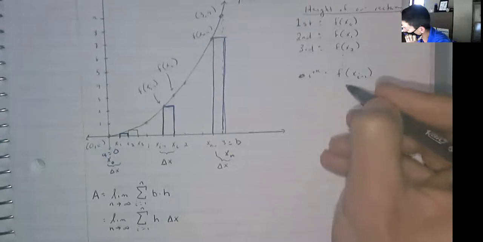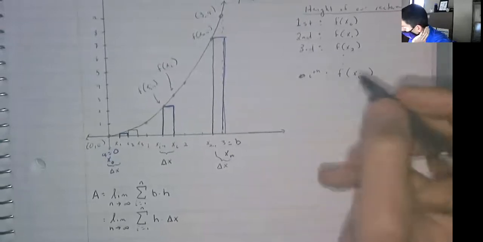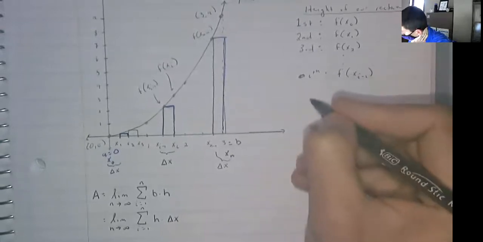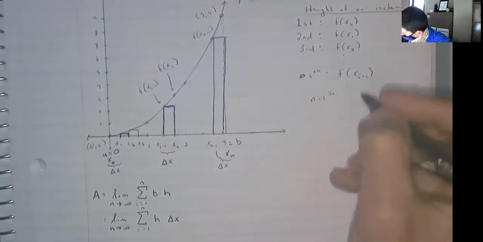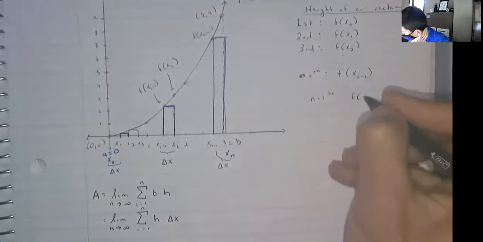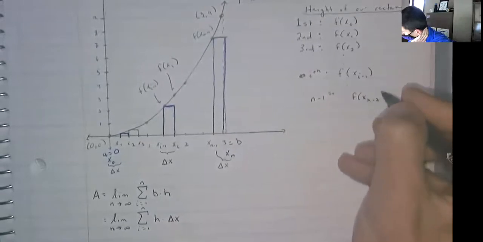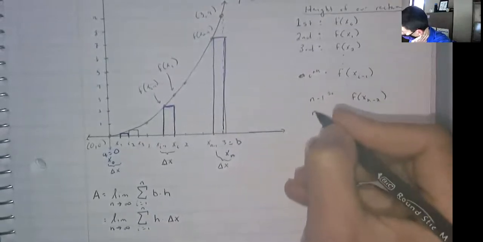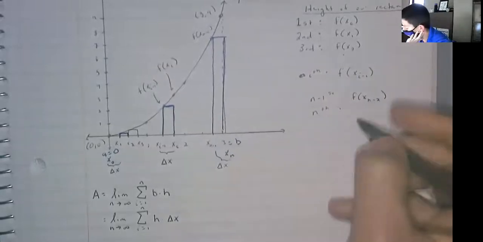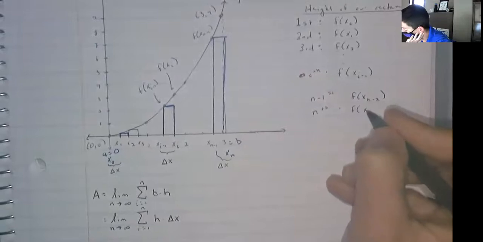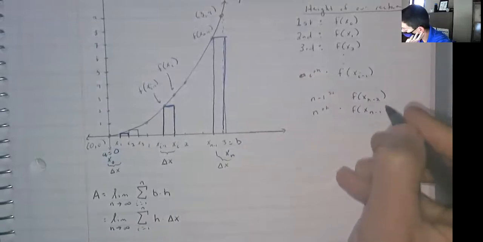And continuing all the way, the n minus first would be f of x sub n minus 2. And our final rectangle, the nth rectangle, has a height of f of x sub n minus 1.